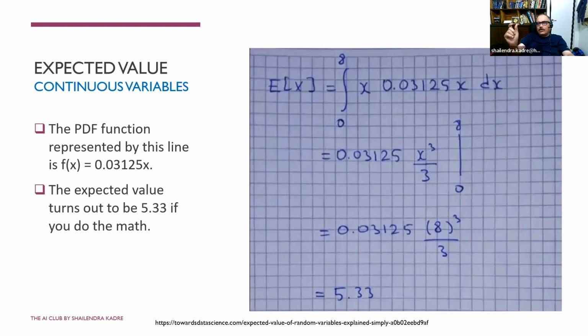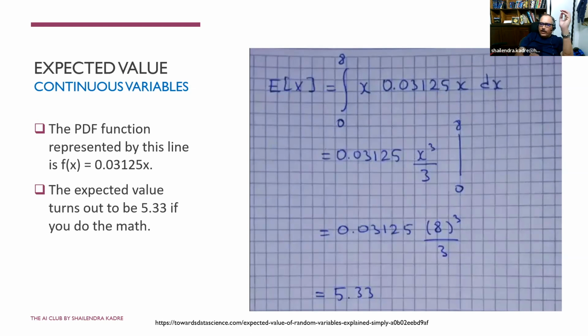I'm asking a simple question. I'm putting x equal to 0. What will be the value? 0, right? Very simple. So that's why we are not subtracting, because that term will be 0. So it will be simply 0.03125 times 8 cubed upon 3. So the value is coming 5.33.